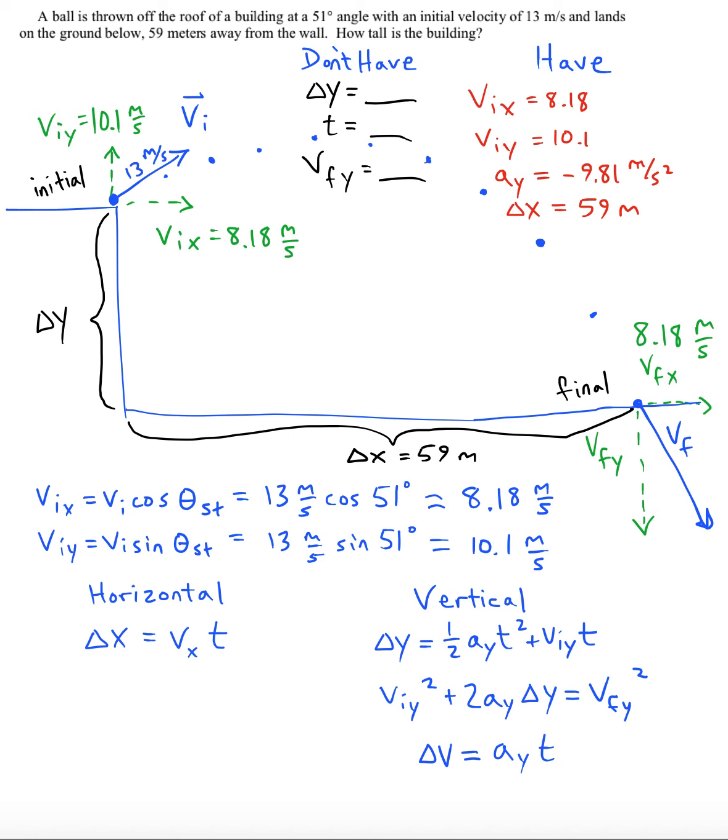Now it may be possible that you can use what you have and go direct to what you want. Notice that this is what we really are asked for. So let's look through the formulas and see if there's a direct path from what we have to what we want. I see that this formula involves delta y, and so does this one.